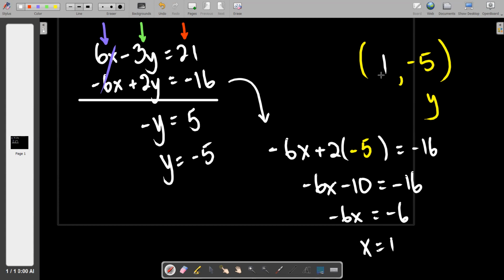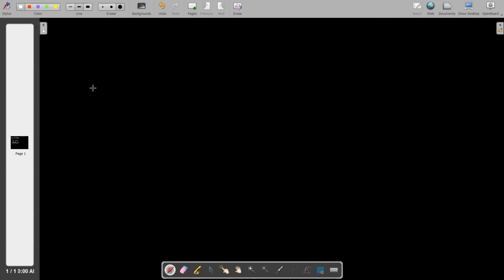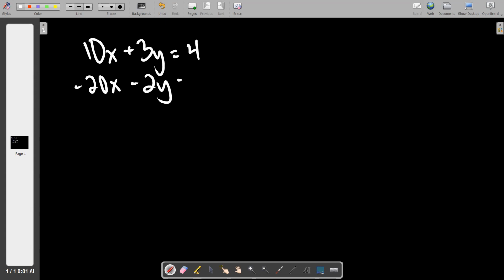For my second example, I want to show you a level 2. Ready? So this question went over like a lead balloon first hour, but I'm going to try again.